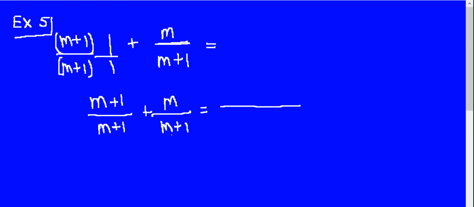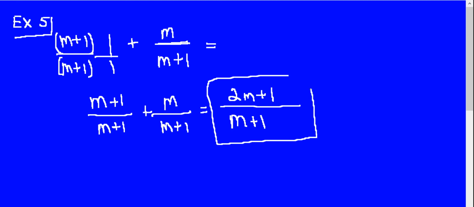Extending it, my denominator stays the same, m plus 1, and my numerator adds up to be 2m plus 1. I cannot factor that numerator, so I am left with this as my solution.